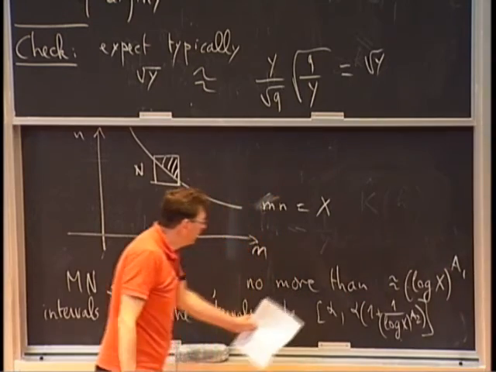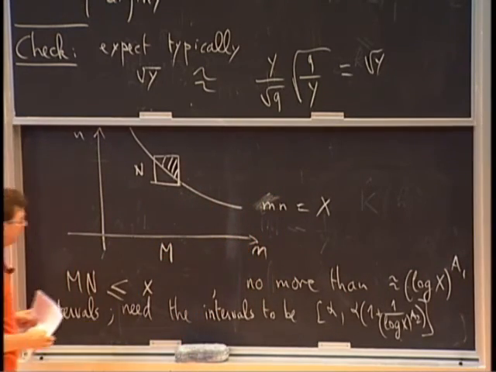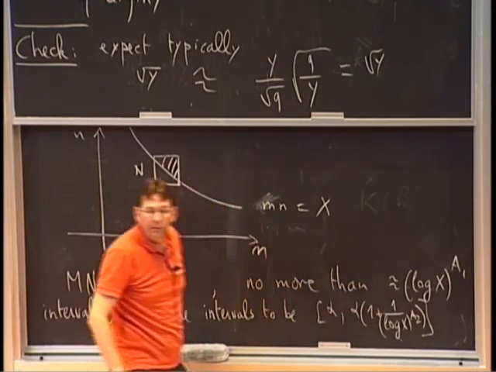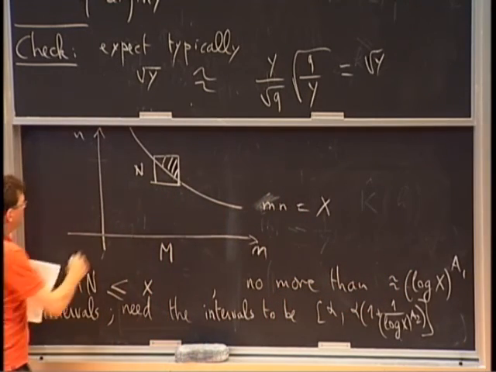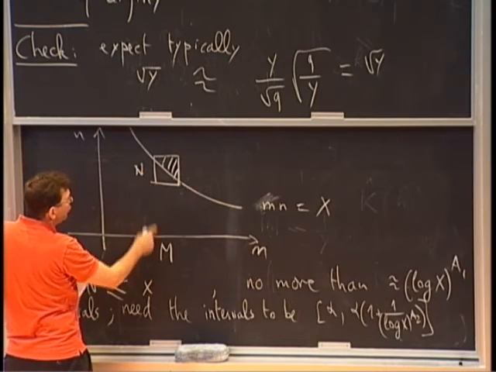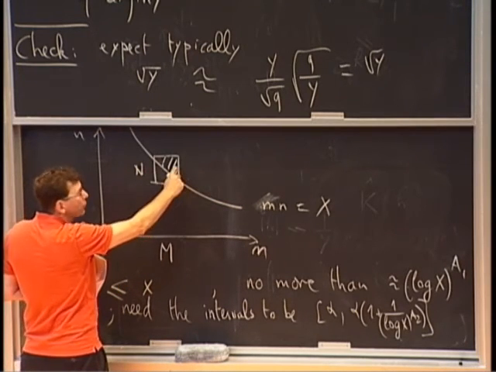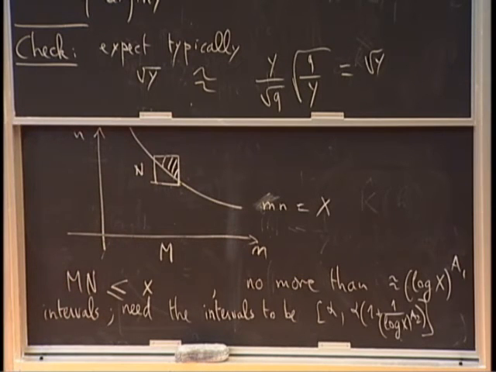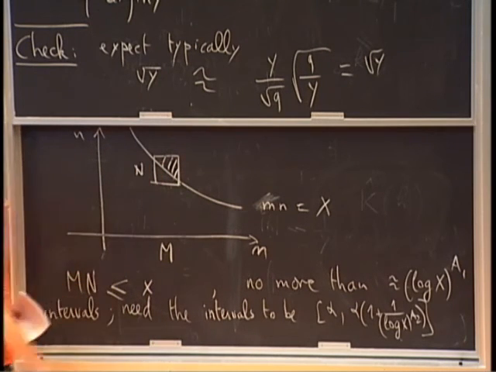Okay. So think of alpha as being very close to square root of x, maybe. Then you go from square root of x to square root of x plus square root of x divided by a power of log x. So if you're, let's say, on this diagonal part where m and n are very close to square root of x, this contribution here will trivially be of size at most x over log x to some power. Okay. Just by computing, in fact, the total number of points on this thing.